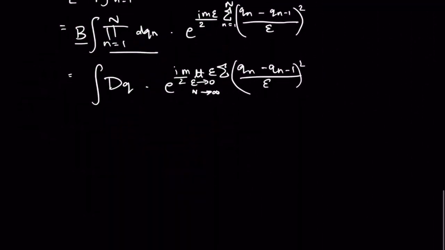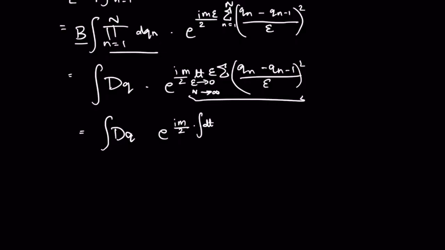So we'll say this is equal to integral Dq e raised to the power i m over 2. Now we know that this is a definition of an integral in terms of the limit sum, so this can be converted into an integral. The little epsilon out there can be written as dt, and since delta t is epsilon times N, and it has dimensions of time, we can write this as dt.